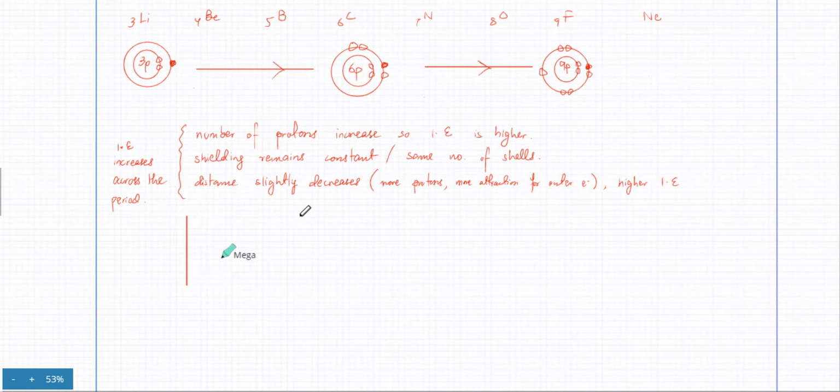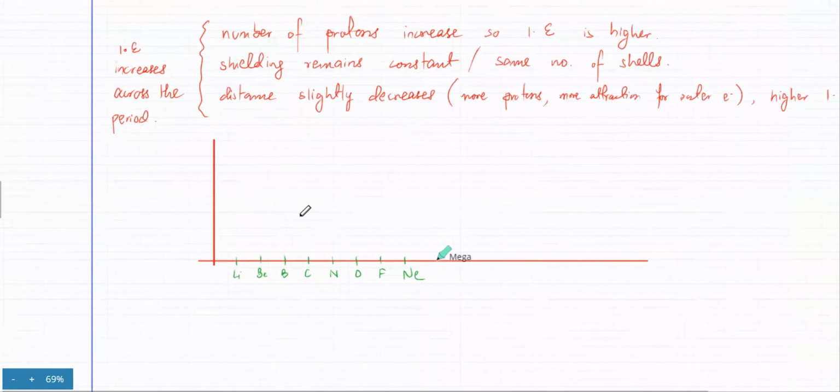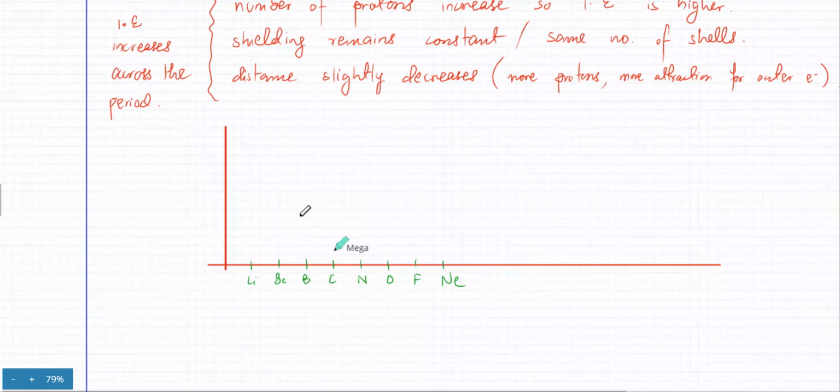So let's sketch these ionization energies. We have lithium, beryllium, boron, carbon, nitrogen, oxygen, fluorine, and neon. On the horizontal axis, we have these elements, and the ionization energy increases across the period.